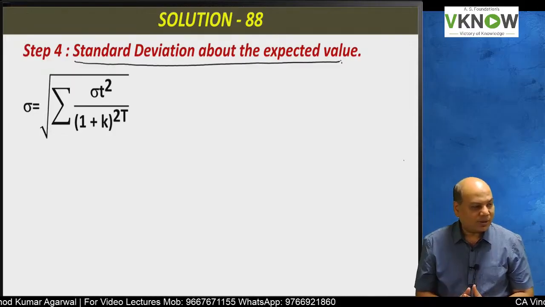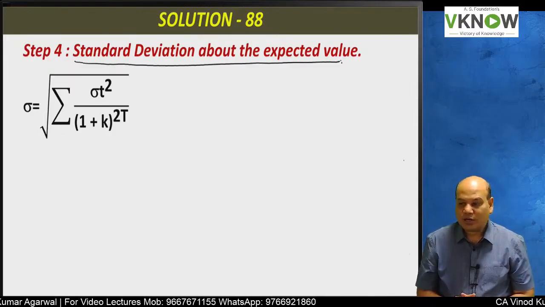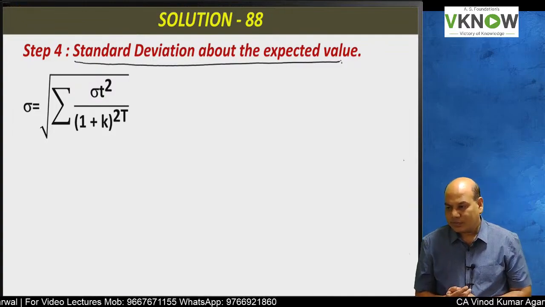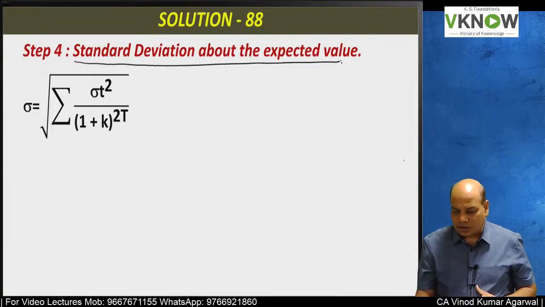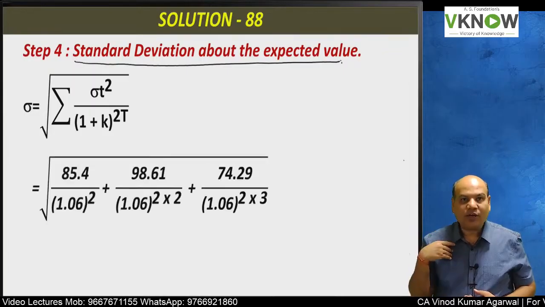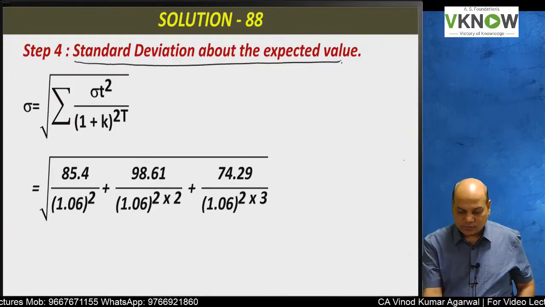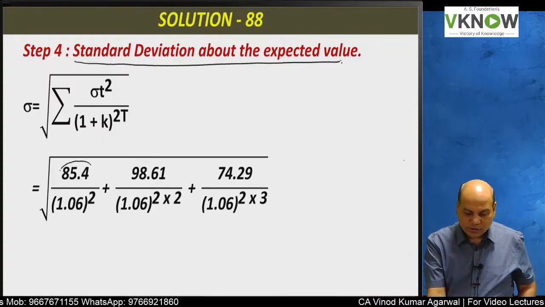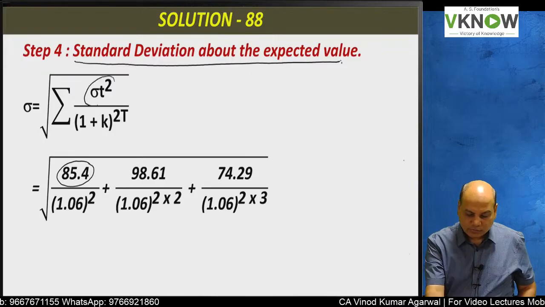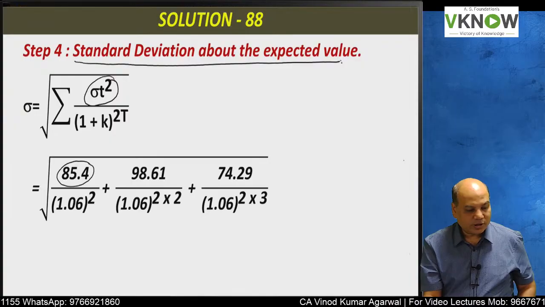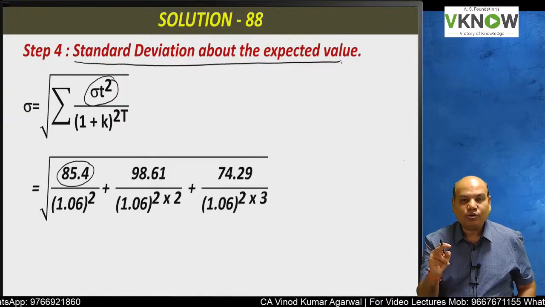It requires some mathematical process to derive the formula, which is not in the scope of our syllabus. Now please learn how to put the values, that is in our scope. You have computed first year sigma square in the previous table, 85.4, or you can write 9.24 square.